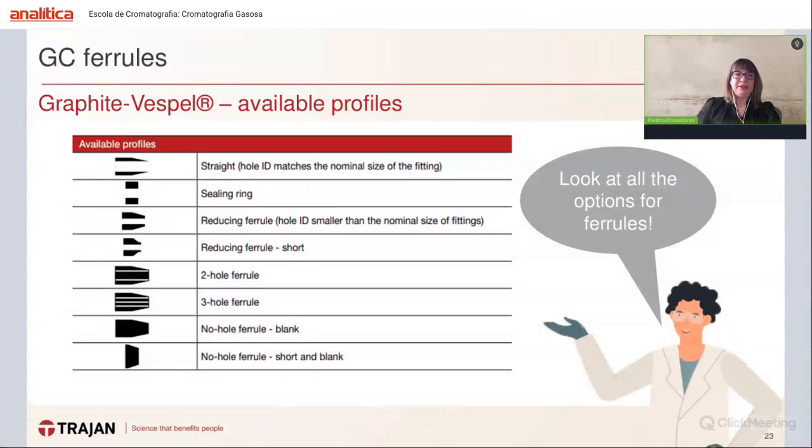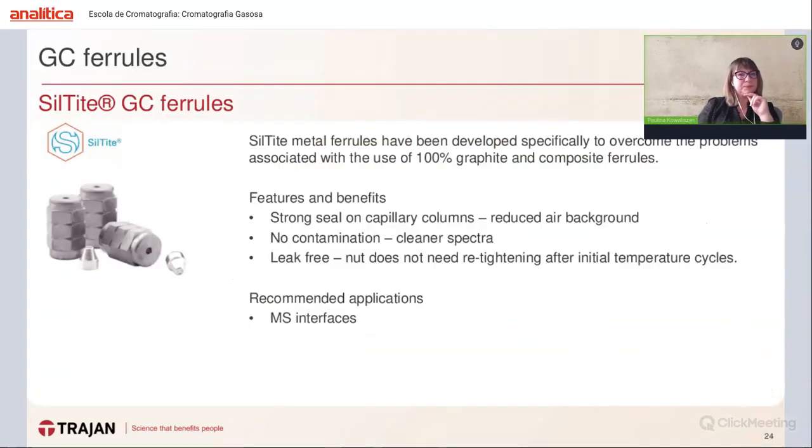So we can have straight ferrules, reducing ferrules, 2-hole ferrules, 3-hole ferrules, or blanking ferrules, so the ferrules without any holes. So depending on your application and your needs, different profile will be needed, but the most common ones are either straight ferrules or reducing ferrules.